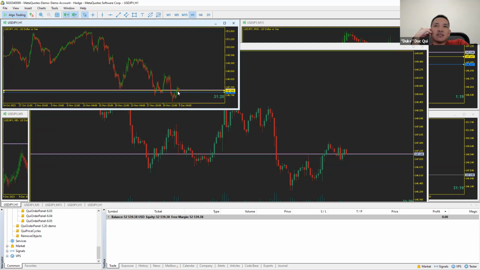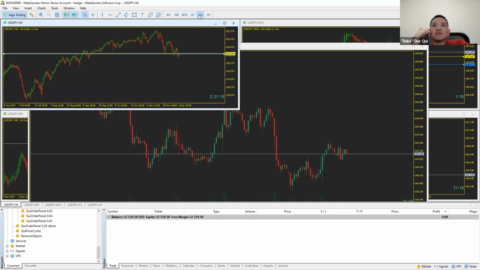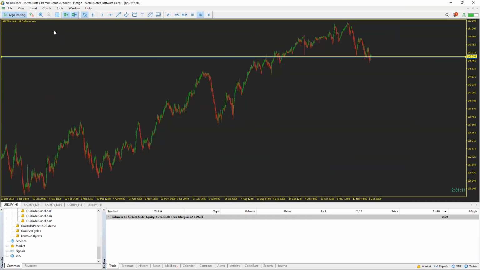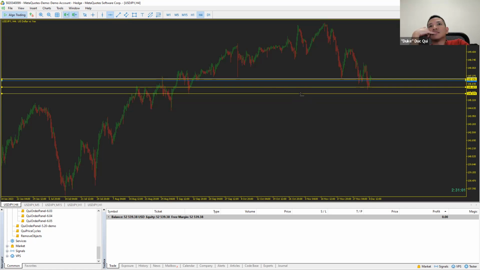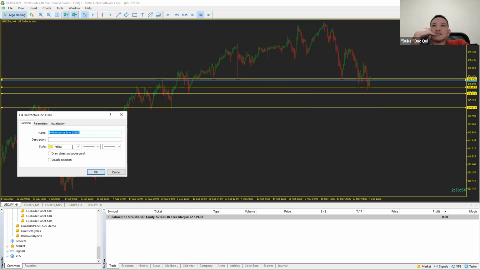Because if this is an outside range, it's probably going to go to the next one, right? So if it breaks this area right here, where's your next KPI? You could say this one's a minor and this one's a major. Does that make sense?